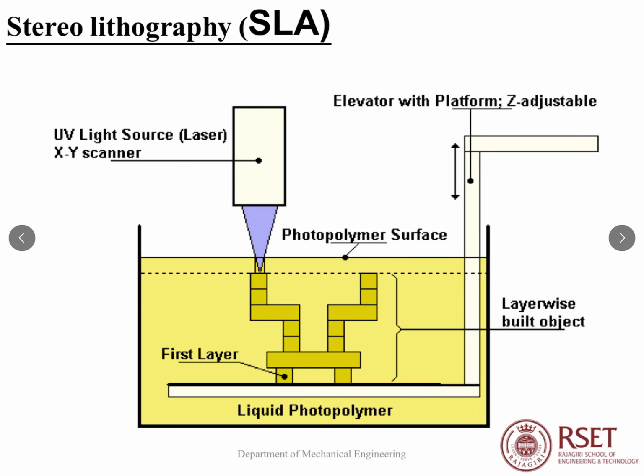First we will start with stereolithography, the SLA process. Here we have a diagram of the SLA process. We have a chamber or vat filled with a polymer resin.